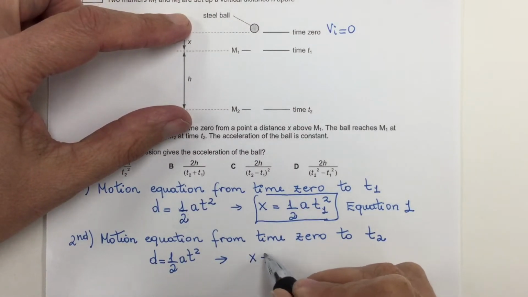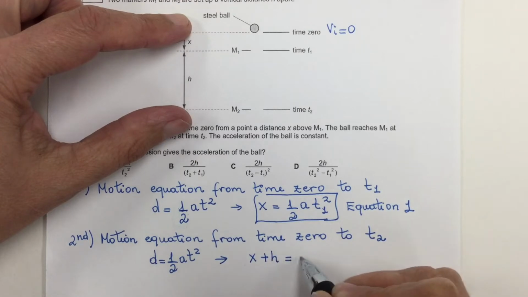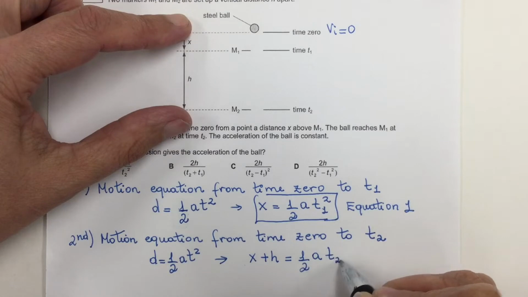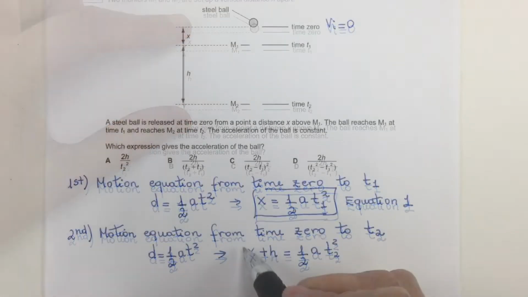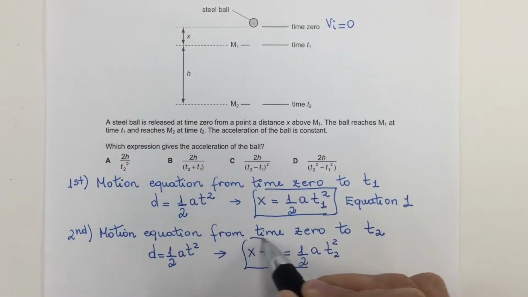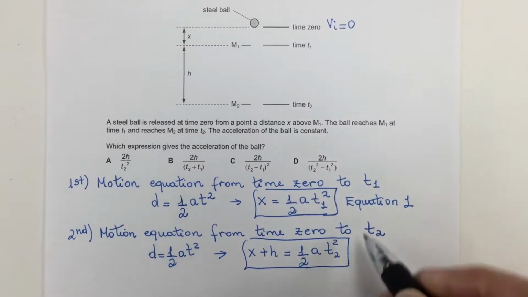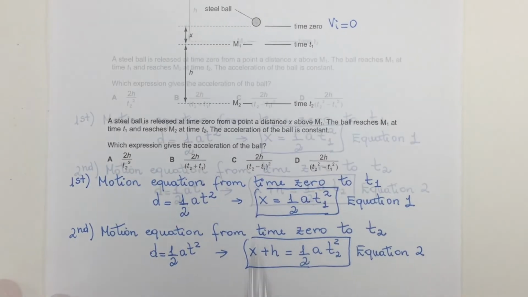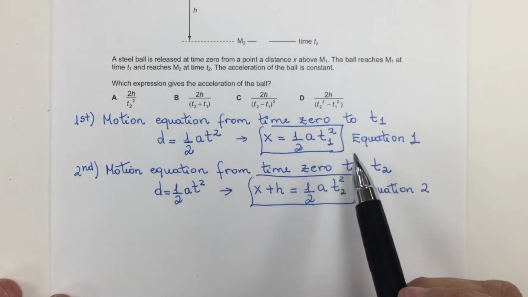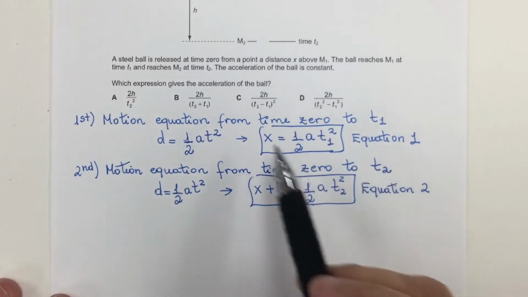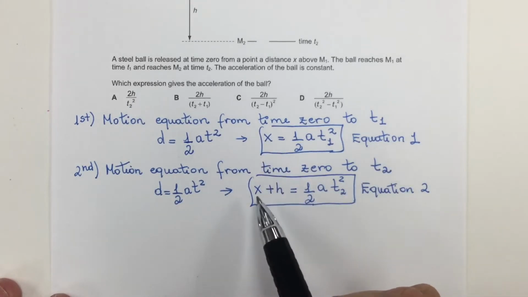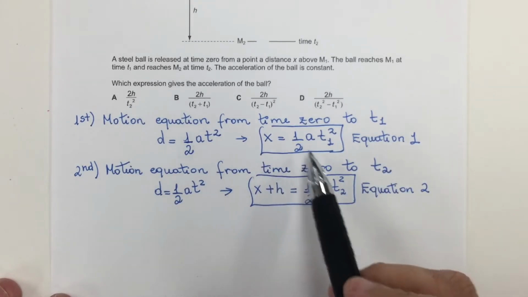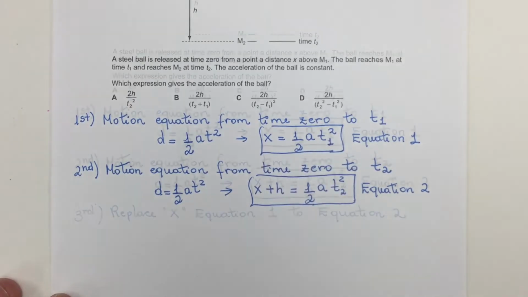So x plus h is equal to half a t2 squared, and I'm going to call this equation 2 just for reference. Now I'm going to substitute equation 1 into equation 2 because I have an expression for x.